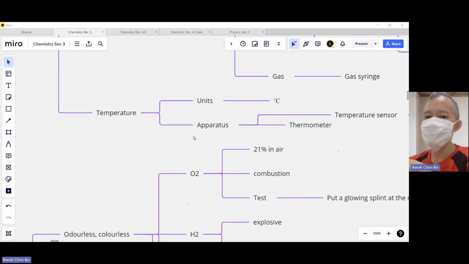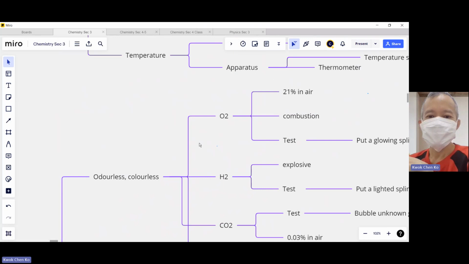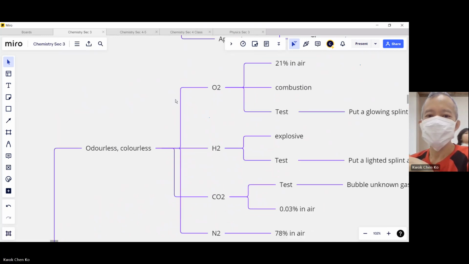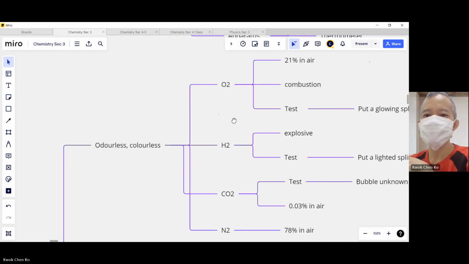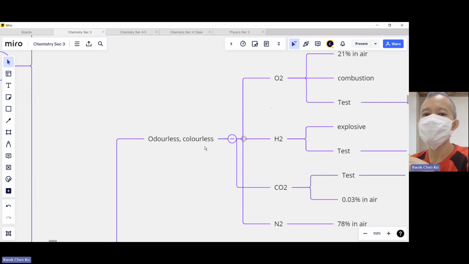Gases. We've got to know a few gases. These 4 are odorless and colorless.